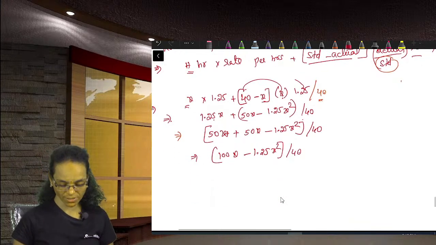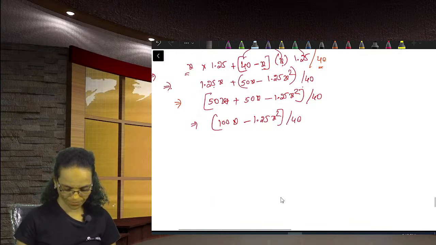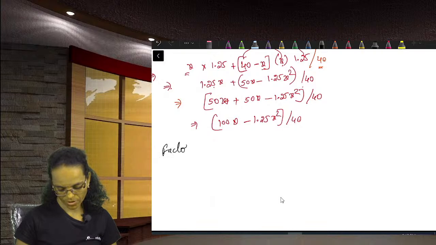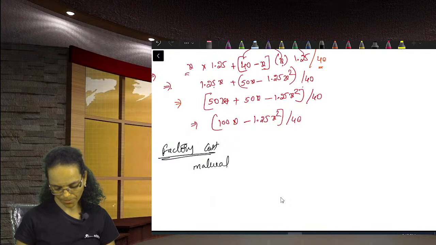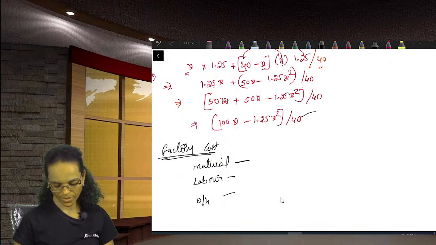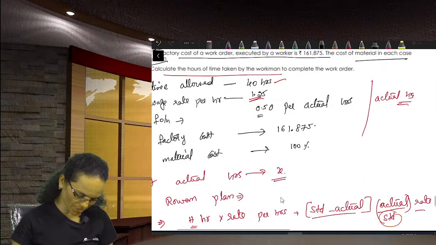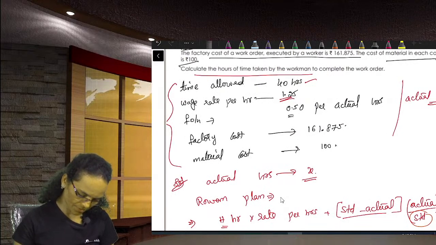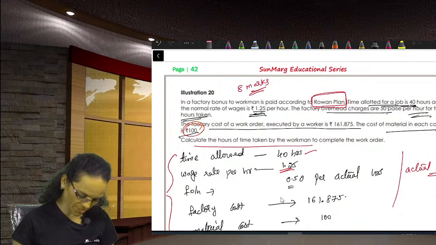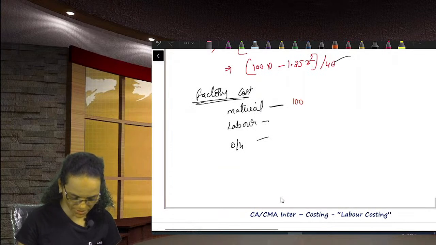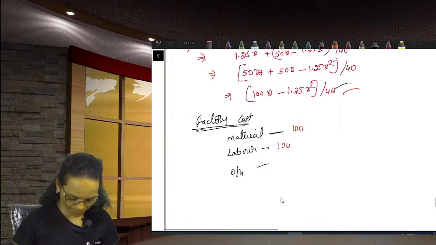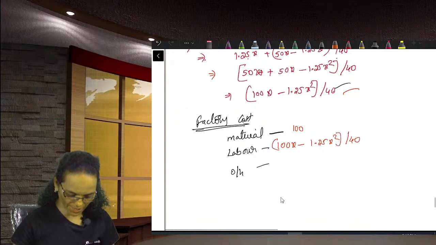But what is the factory overhead? First we will see factory cost. Factory cost includes material, labor, and overheads. Material is given as 100 rupees, and labor is this portion.